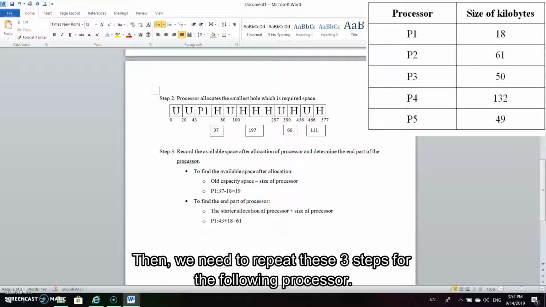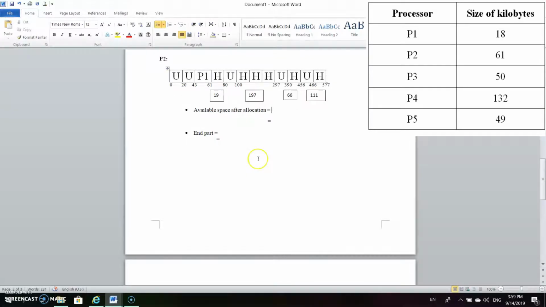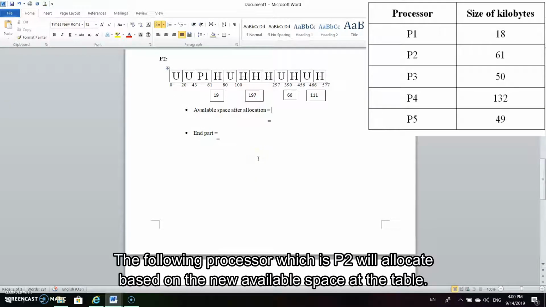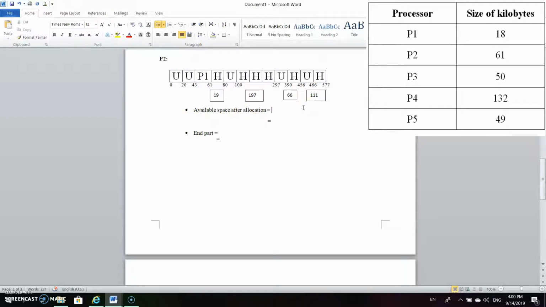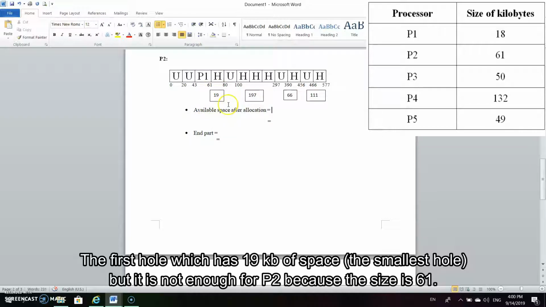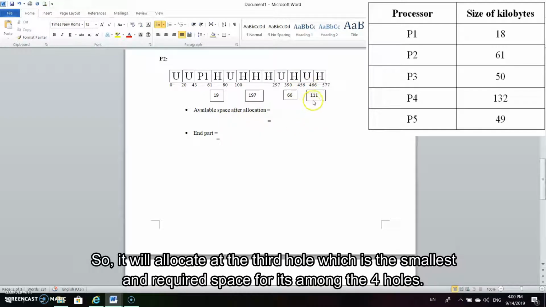Then, we need to repeat these 3 steps for the following processors. The following processor, which is P2, we allocate based on the new available space in the table. The first hole has 19 kilobytes of space, but it is not enough for P2 because the size is 61. So it will be allocated at the third hole, which is the smallest that has the space required among the 4 holes.